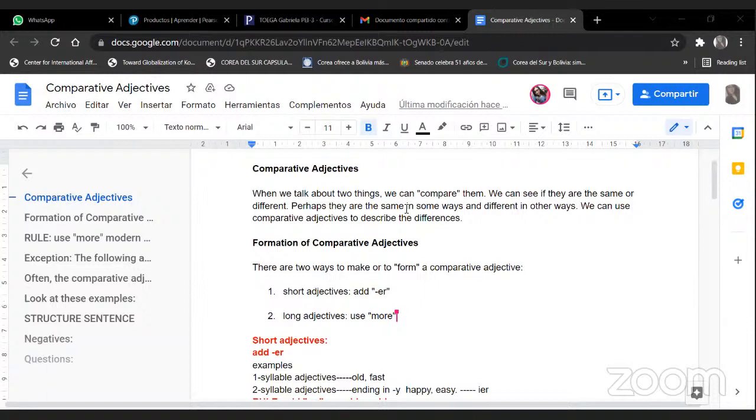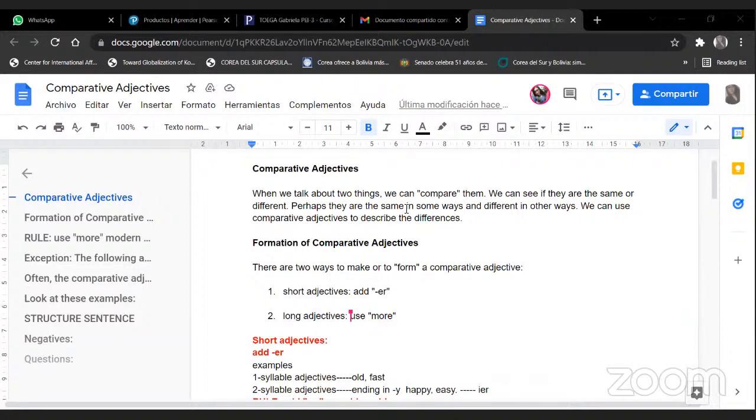We were saying that we have these two kinds of adjectives, okay? So how could we recognize these two kinds of adjectives? It is because, for example, in Spanish, we learn to count syllables by saying them with claps, right? The same is going to be here in English, but in this case, we are going to base it on the pronunciation, okay?